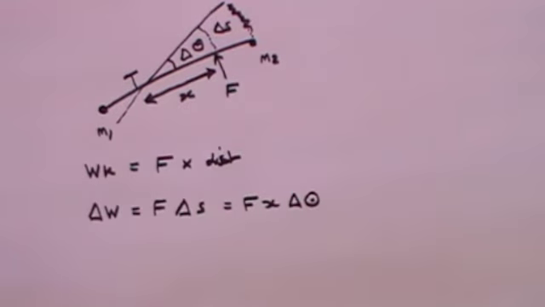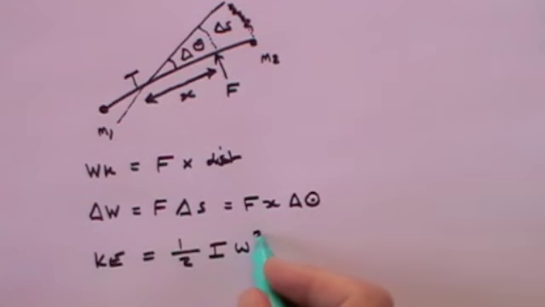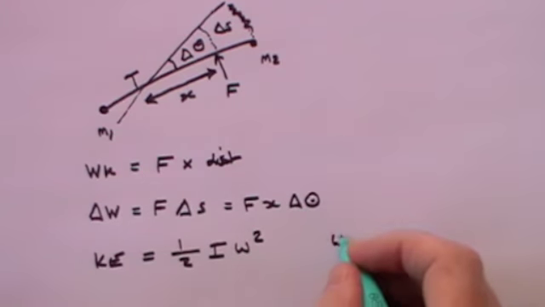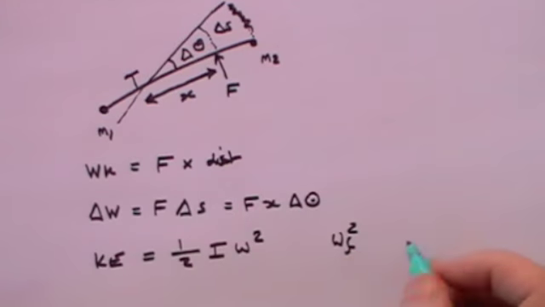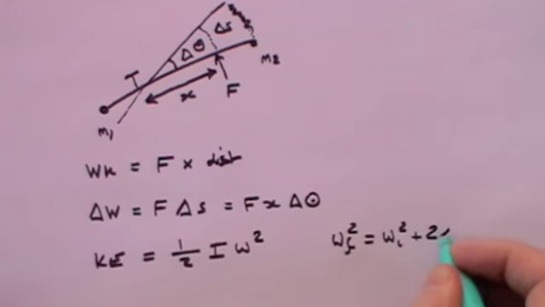What is the kinetic energy that the system has now gained? Well, we just derived that. The kinetic energy is a half I omega squared. It's the equivalent of a half mv squared for linear motion. And I just showed you that there is a formula: omega final squared is equal to omega initial squared plus 2 alpha delta theta.